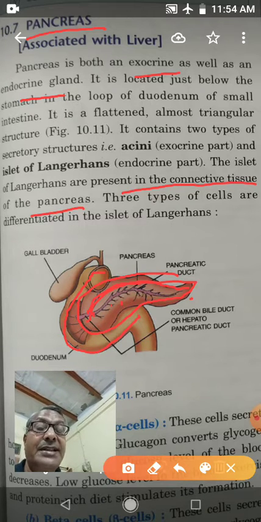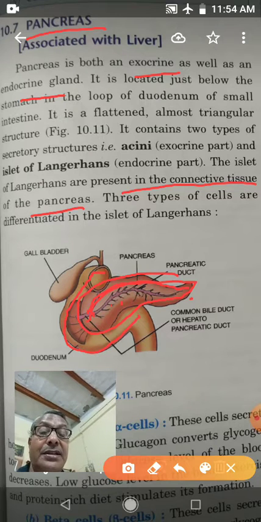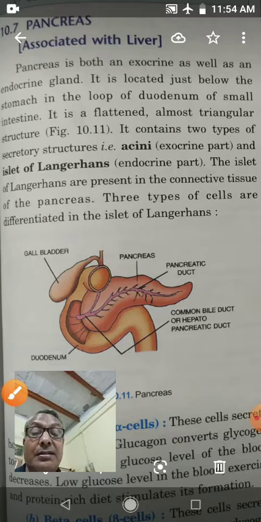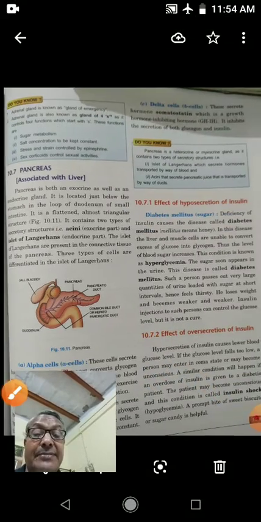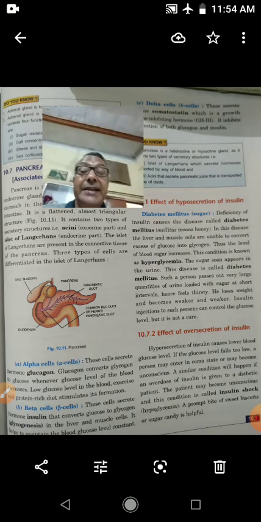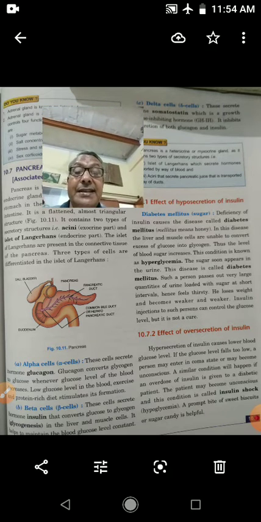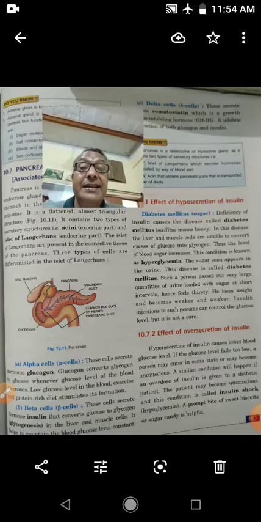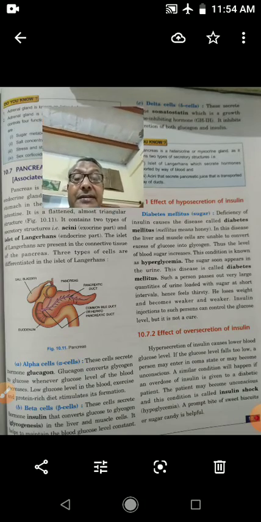Three types of cells are present in the islets of Langerhans. The three types of cells are alpha cell, beta cell and delta cell.